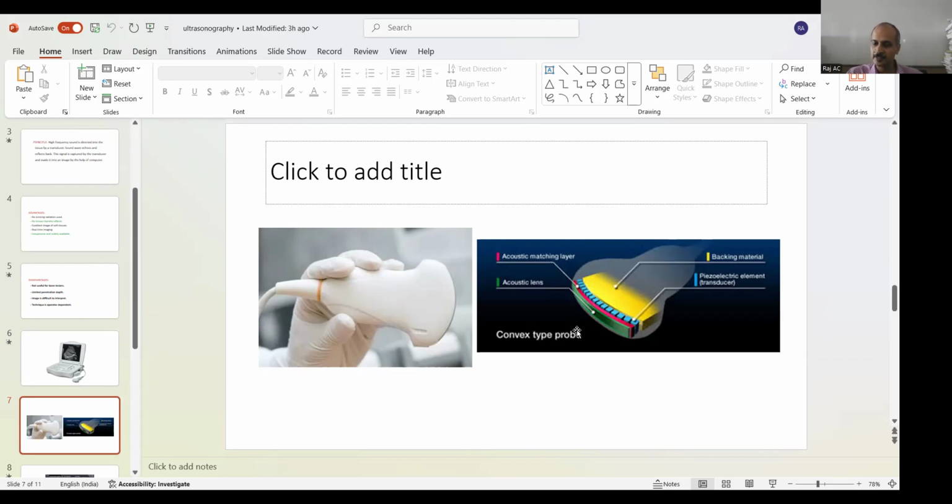It accepts electricity and converts that electricity into sound waves and sends them. These sound waves go into the body parts, and whatever sound waves are reflected back will again be sensed by the same transducer, and these sound waves are again converted into electric signal and sent to the computer.